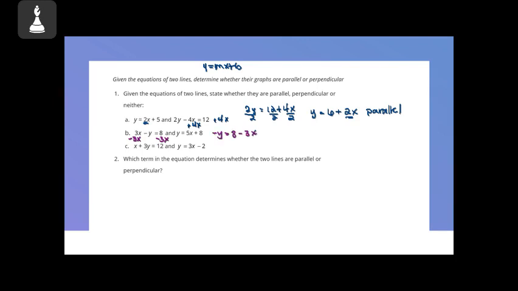I cannot stop at negative y, so I'm going to divide everything through by negative 1 and get y equals, that's going to make negative 8 and then plus 3x. So looking at our second equation here, we have y equals 5x, so the slope is 5. And this one, 3x, the slope is 3. They are not the same, and they are not opposite reciprocals, so we have a neither relationship here.